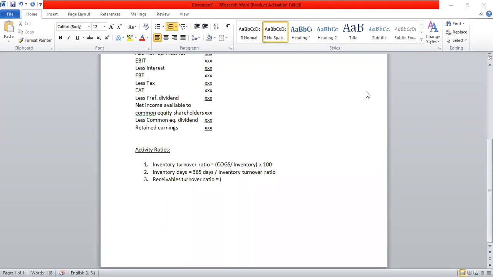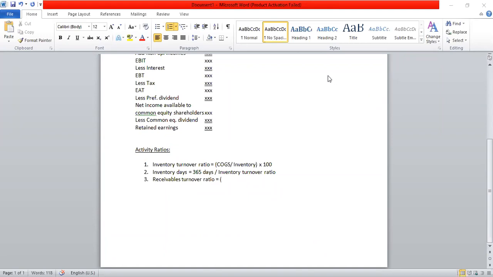Credit sales. Because of selling goods on credit basis, they owe money to the business. So they are called sundry debtors. Another term for debtors is receivables. So either we call it debtors turnover ratio or receivables turnover ratio. It means the same.